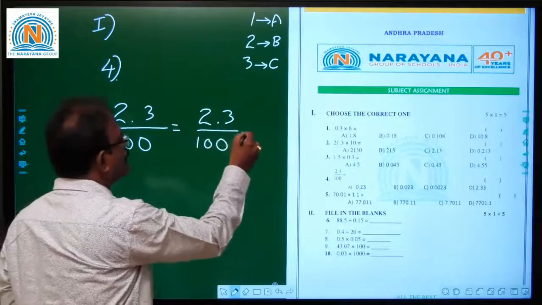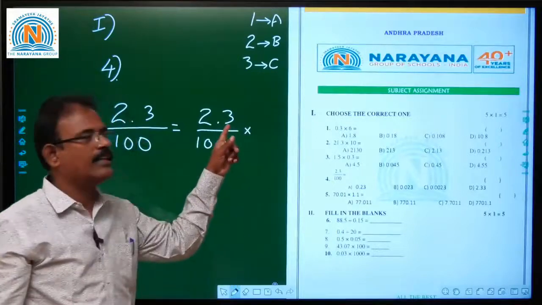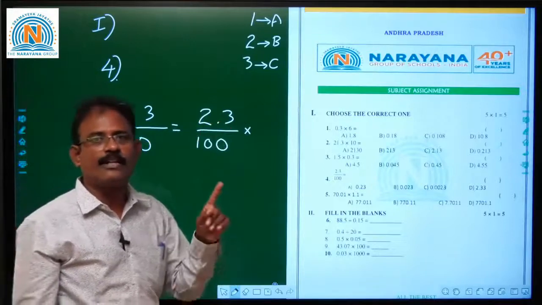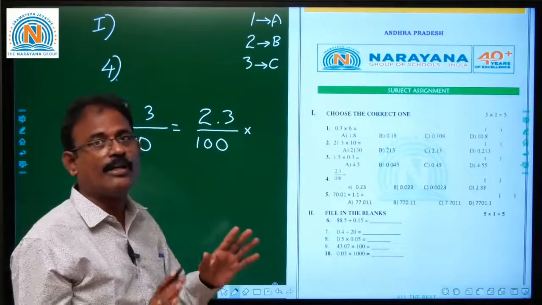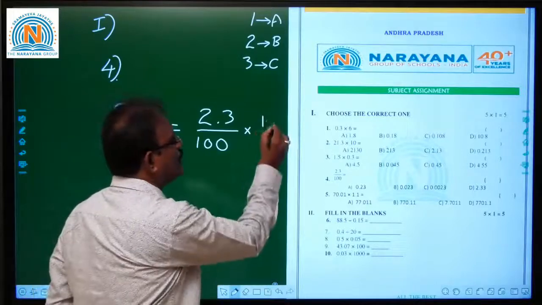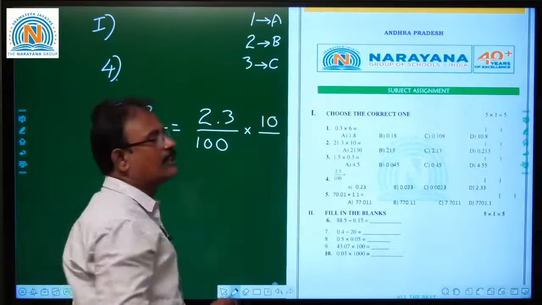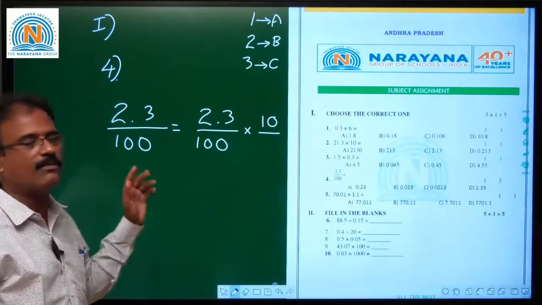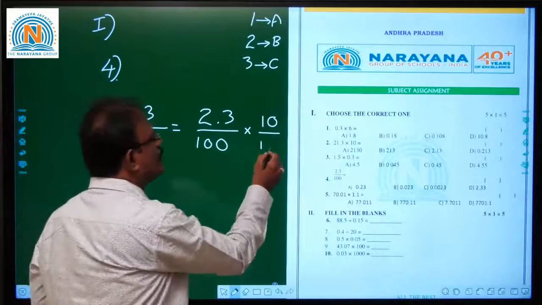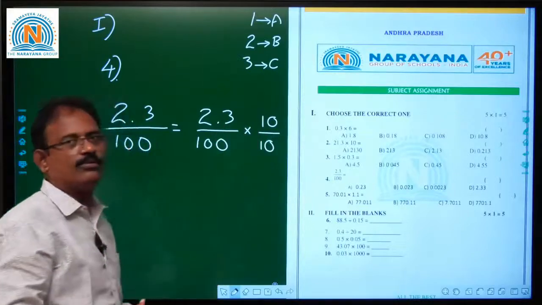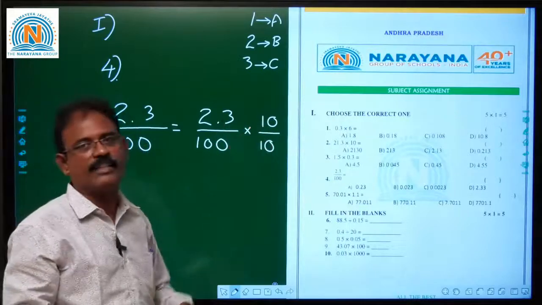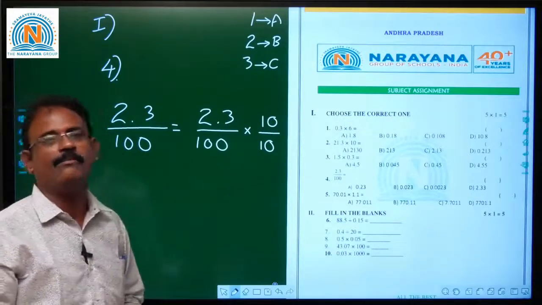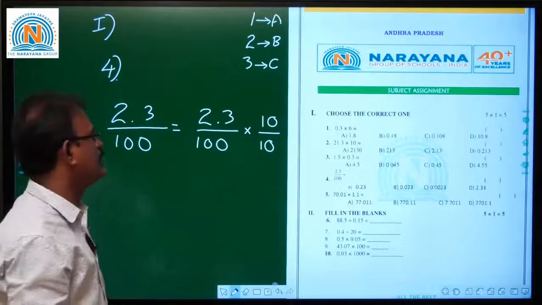To remove the decimal point, how many digits are there after the decimal point, children? 1 digit. Therefore, we need to multiply the numerator by 10. Without changing the initial value of the given decimal number, we must multiply the denominator also. Because when numerator and denominator are the same, the value represents 1. So 1 multiplied with a number gives the number itself.